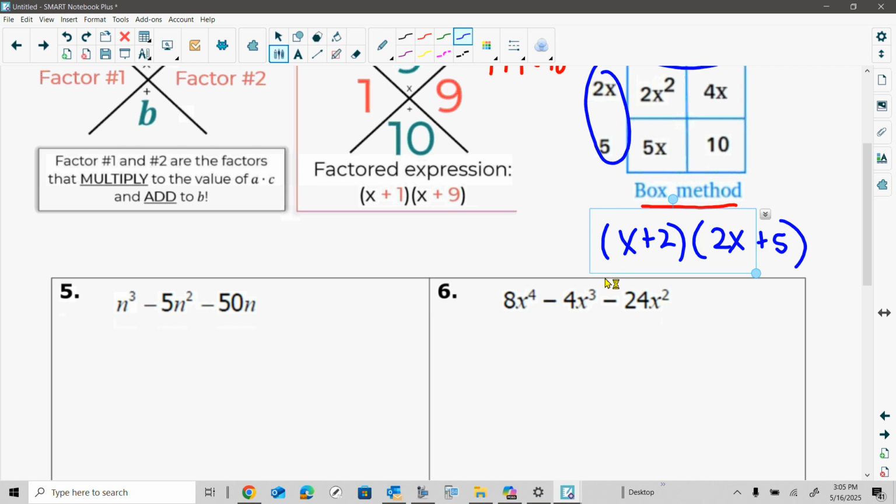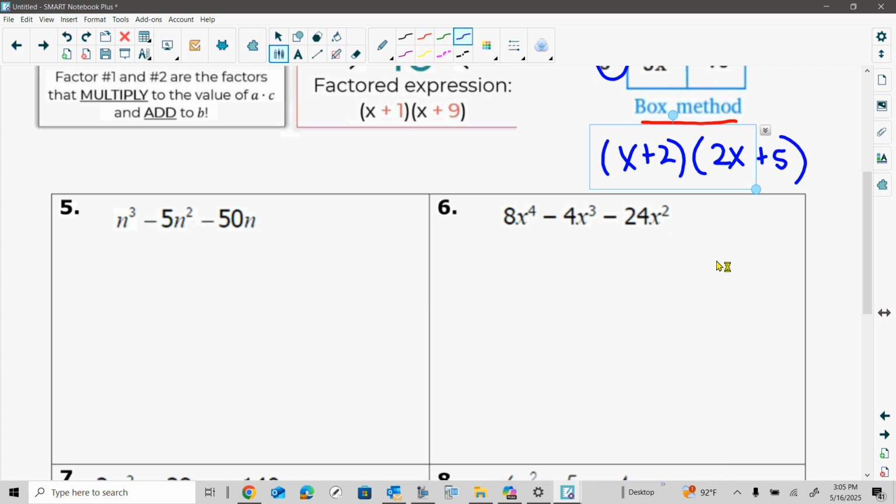So we're going to use one of these methods to factor your polynomial. Now on this first one, you always check for a GCF first, and you look at each term and see if they have anything in common. Here, what they all have in common is an n. So we're going to divide each term by n. That's the GCF, so I'm just going to write GCF is n. And that GCF, the n, is what goes outside the parentheses.